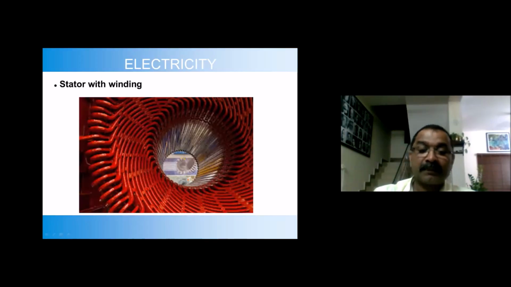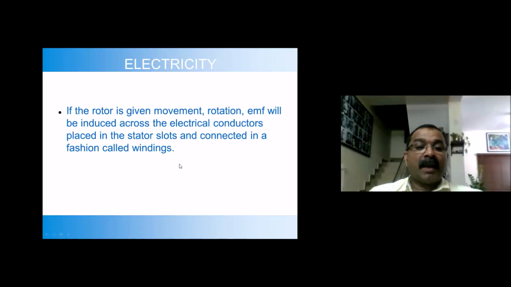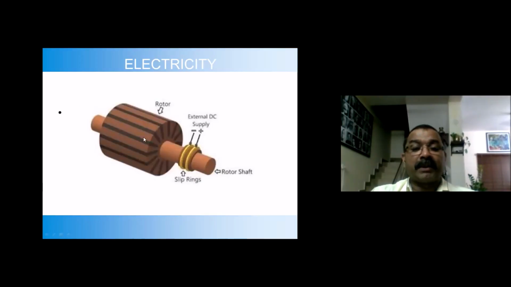So this is the stator, and this is the rotor, or electromagnet arrangement. In order to magnetize this, we will give a direct current supply through slip rings, because this whole thing will be rotating. So we will make some arrangements to give electrical current to it.